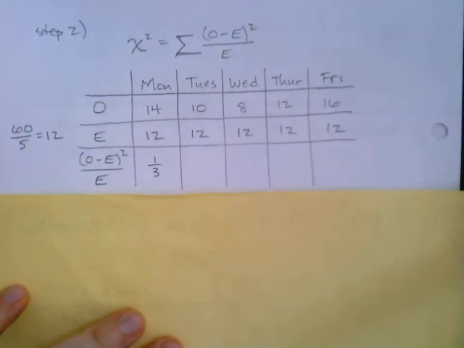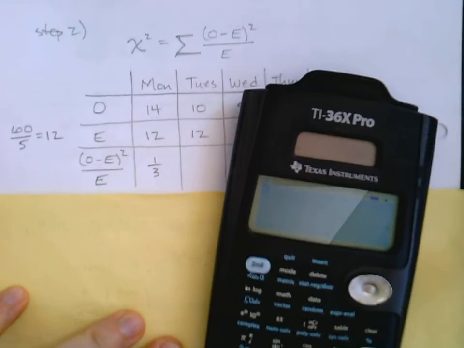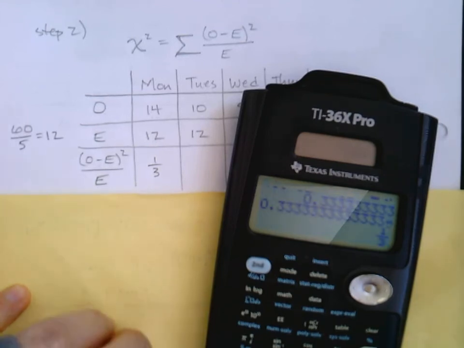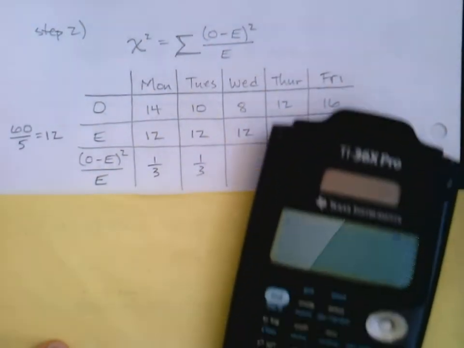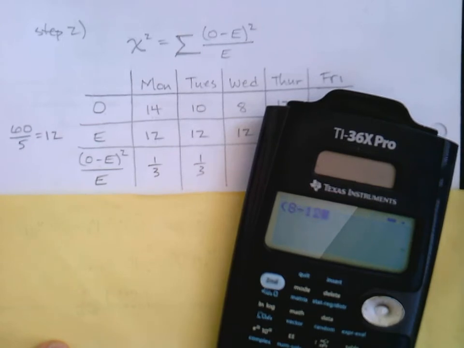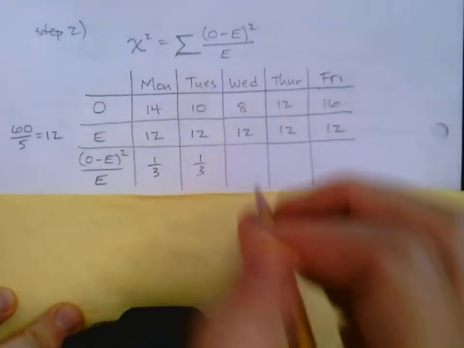Okay, let's go on to the next one. Let me show you what I'm doing here. I got 10 minus 12 squared divided by the expected again, 12. That's 1/3 again. Moving on: 8 minus 12 squared divided by 12. That is 4/3.